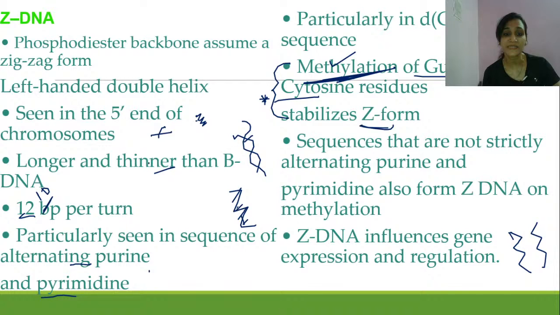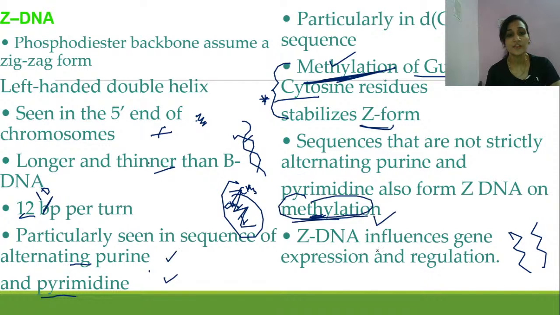That way they try to stabilize the structure. When the sequences are not in the form of alternating purine and pyrimidine bases, in that case also methylation will make them stable. So methylation is the stabilizing reaction for zDNA. It makes them more stable.